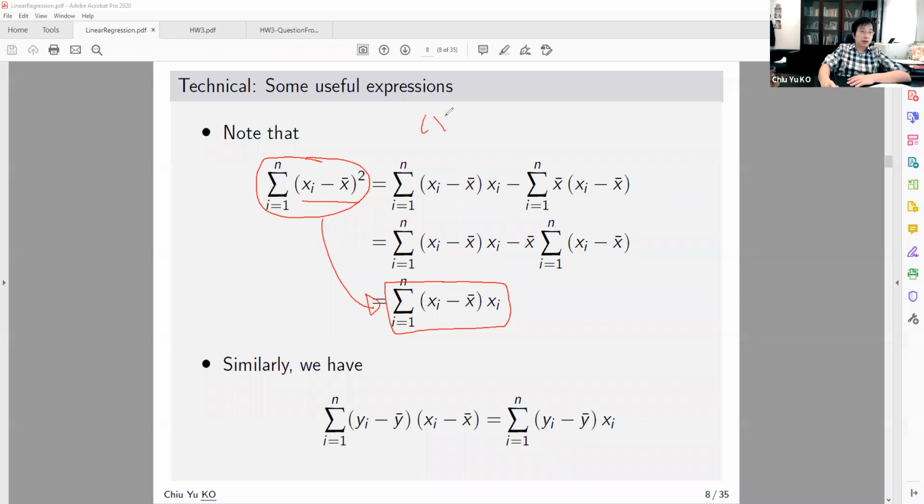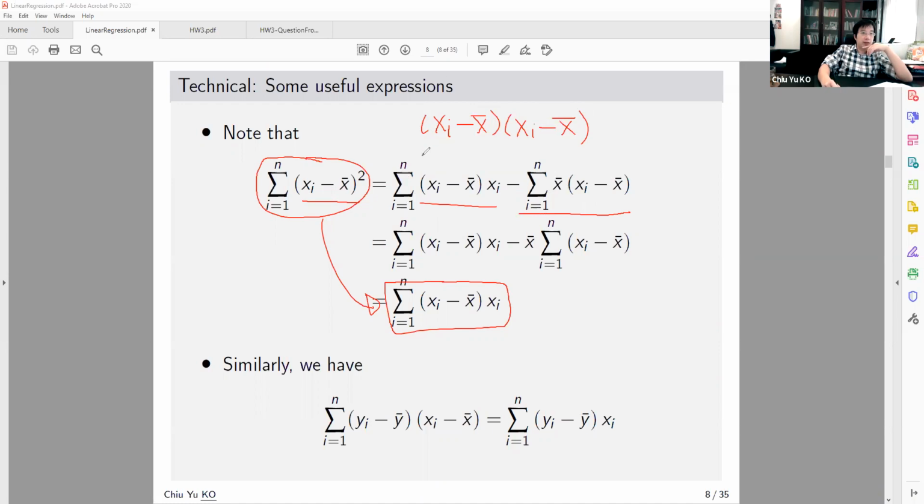Why? Because here I can use this multiplied by that and this multiplied by that, using the law of multiplication. So we can divide into two parts, and only the first part is relevant.